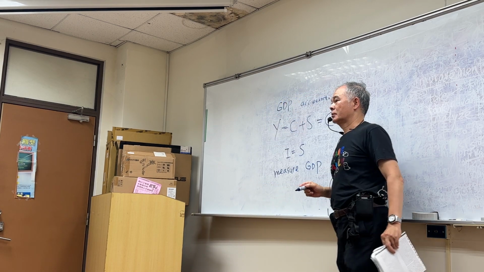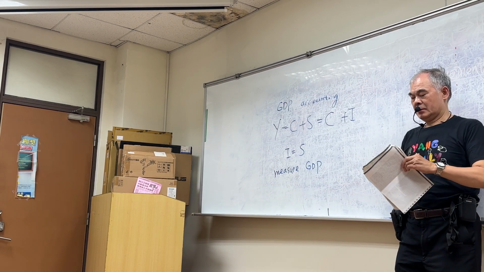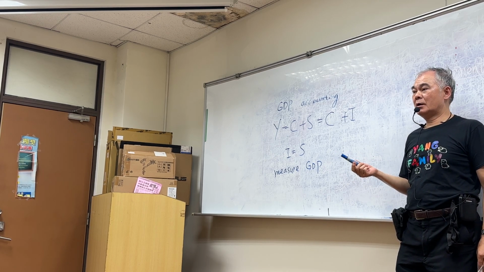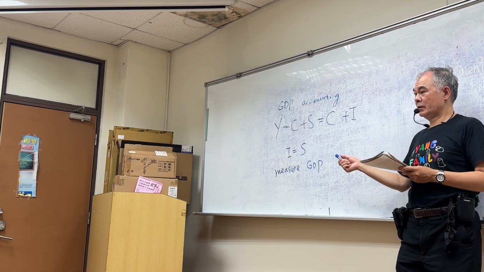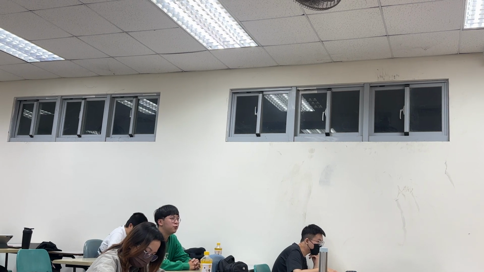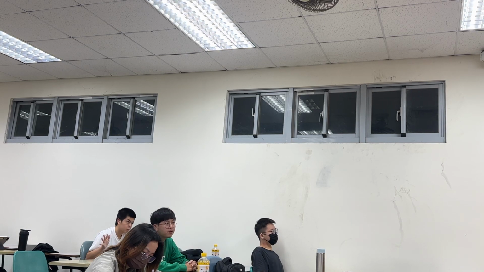Okay? And so after that, we have to measure GDP. So to measure GDP, you need to have a very simple definition. So what is GDP? Huang Jiaxuan, what is GDP? How to measure? Because the way you mentioned is too broad, right?